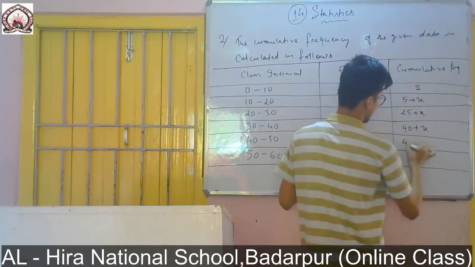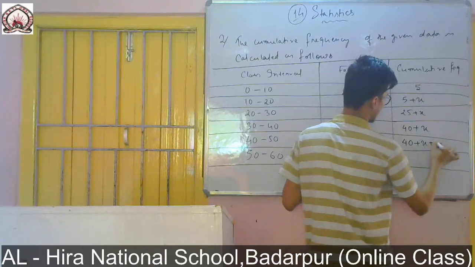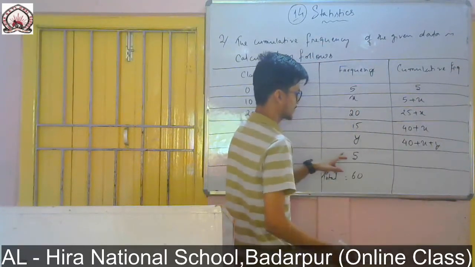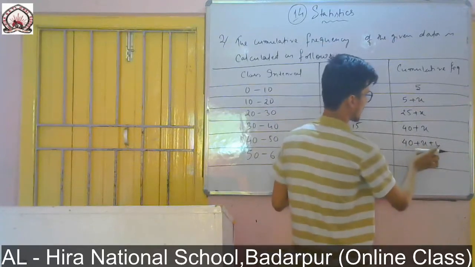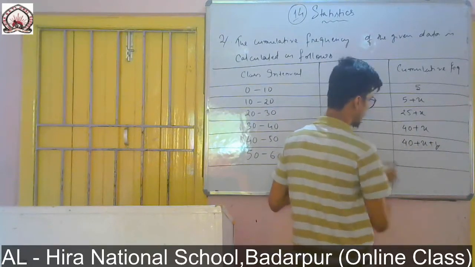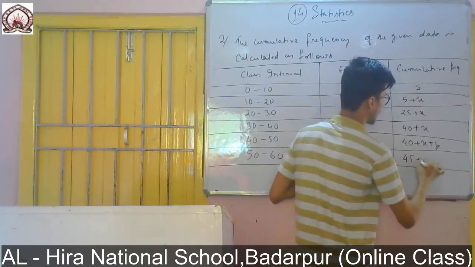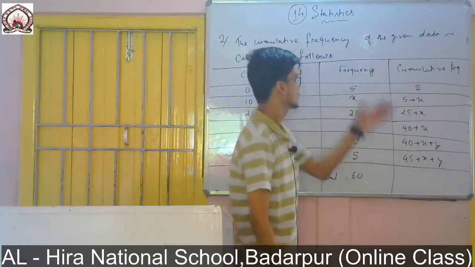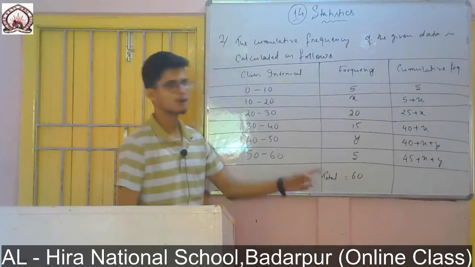Next, 40 plus x plus y. Then again 40 plus x plus y, and adding 5, it will be 45 plus x plus y. The question is to find the value of x and y.